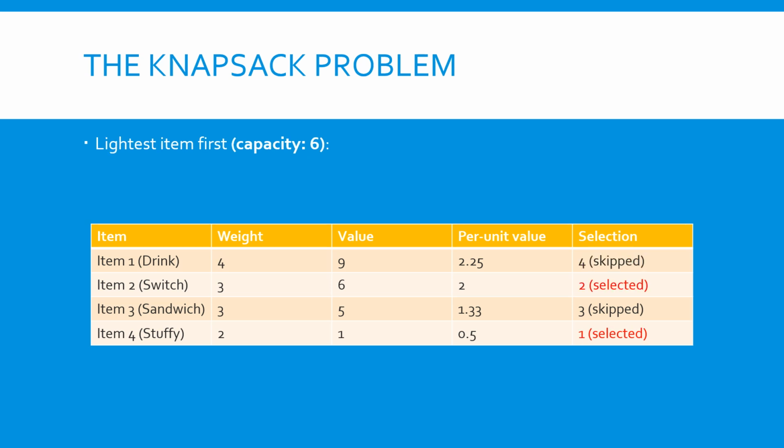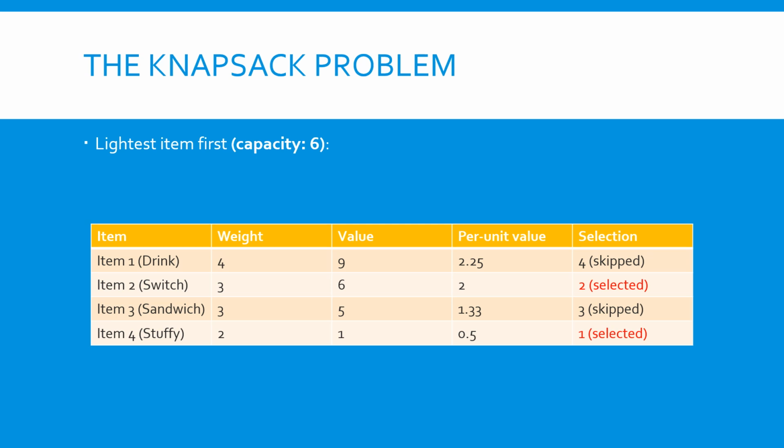The second greedy strategy we will try is selecting the lightest item first. Item 4, the stuffy toy, has the lightest weight of 2 units. So, we select it, leaving a remaining capacity of 4. The next lightest item is switch, which requires 3 units of capacity and can still be fit into the backpack. By following this strategy, we select the stuffy toy and switch, resulting in a total value of 7.